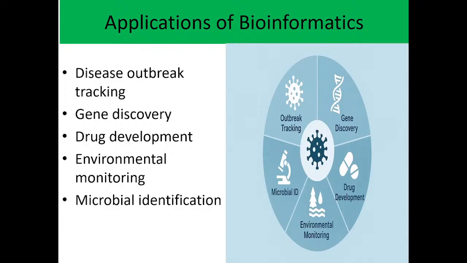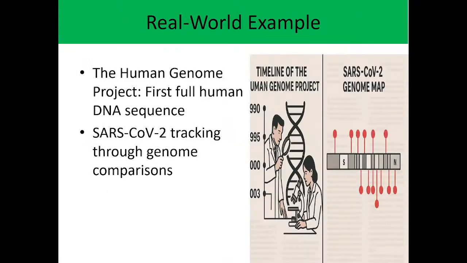Then as a microbiologist, you are to use bioinformatics also as a way of identifying new microorganisms. So that is why microbial identification is part of what you can use bioinformatics to do.